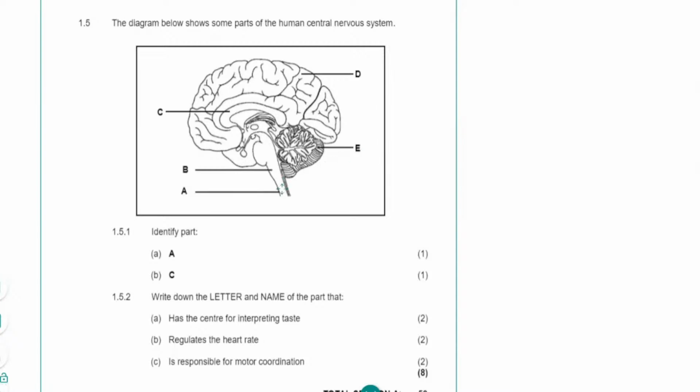So what about the spinal cord? Spinal cord is the center for reflex actions. B also brings about medulla oblongata for controlling all involuntary actions, things you don't have control over.